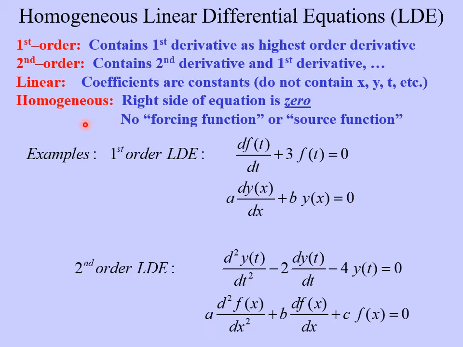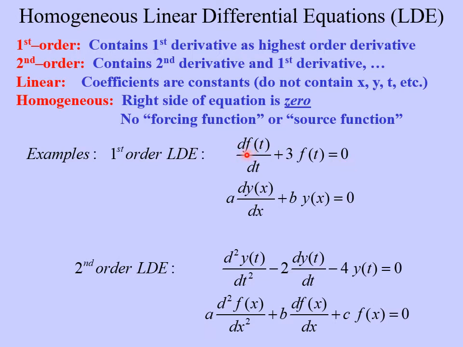So let's look at some examples before we even start to think about how to solve this. Here's an example of a first order homogeneous linear differential equation: df/dt plus 3f equals 0. Now f is a function of time. Notice on the right side, it's 0, which means it's homogeneous.